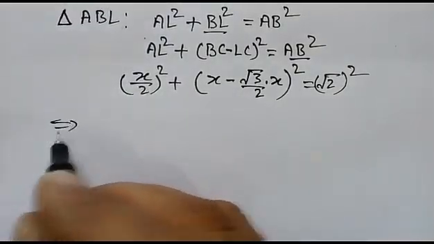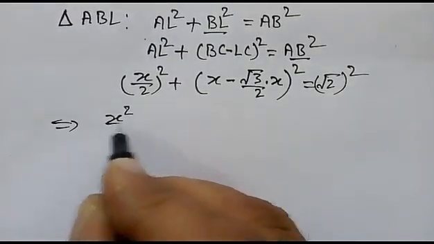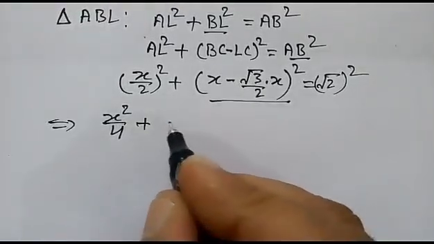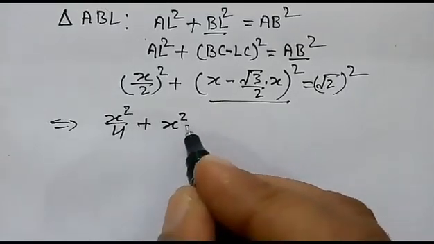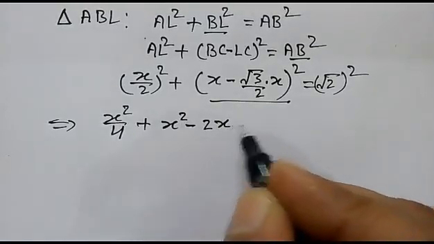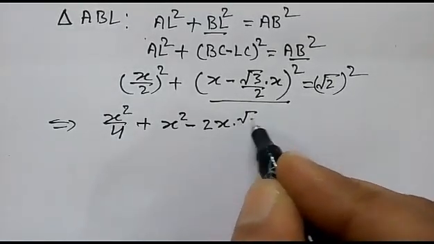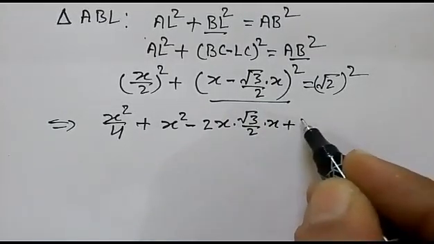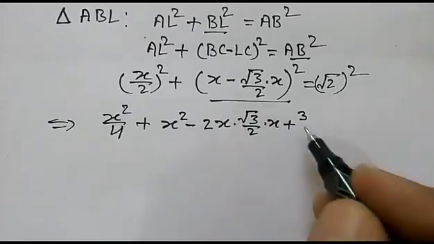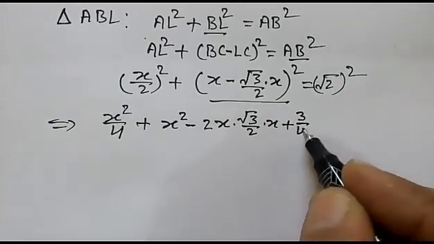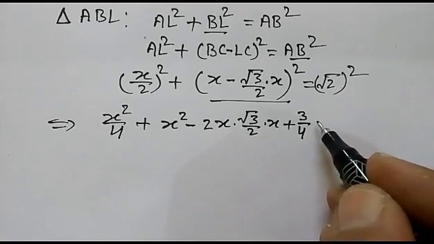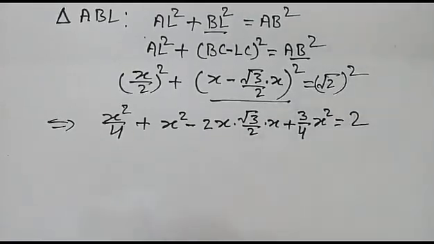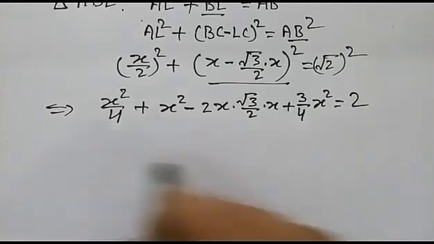Now x square over 4 plus, if we expand this, we get x square minus 2x into square root of 3/2 x plus 3/4 x square is equal to 2, right?